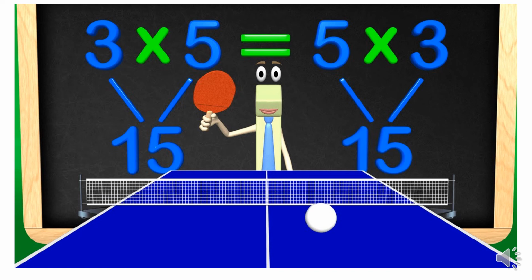So have a look at these number sentences here. 3 times 5 equals 15, but 5 times 3 also equals 15. So we can move those numbers around and the answer stays exactly the same. So multiplication is commutative. Can you say that? Multiplication is commutative.